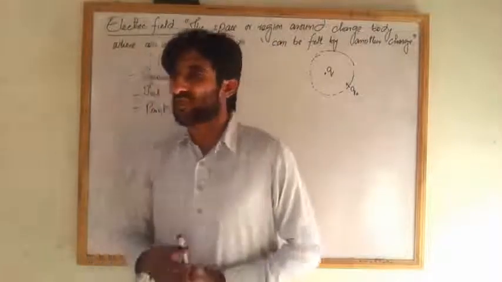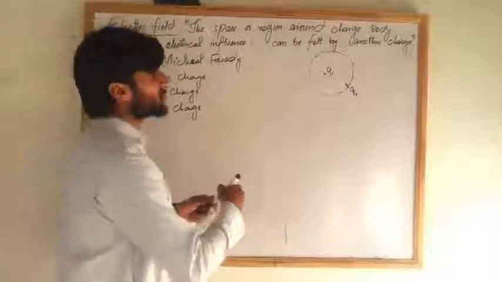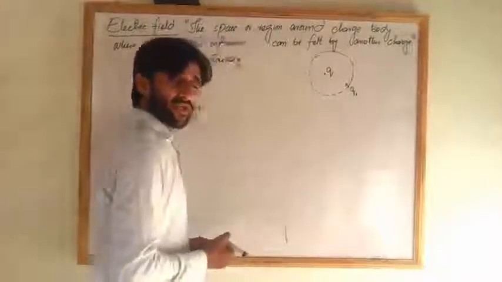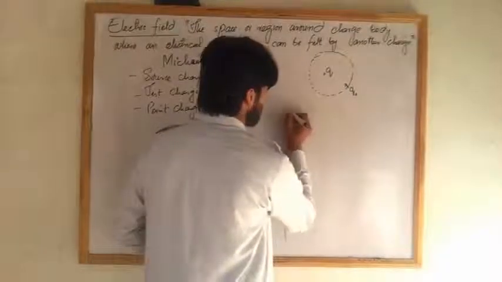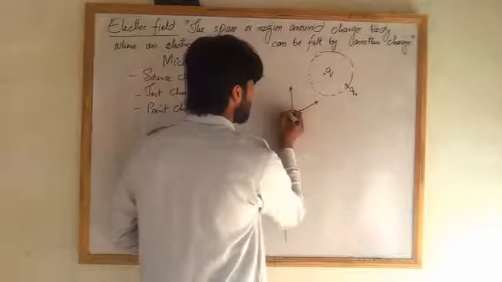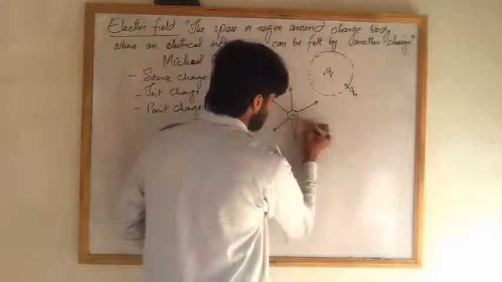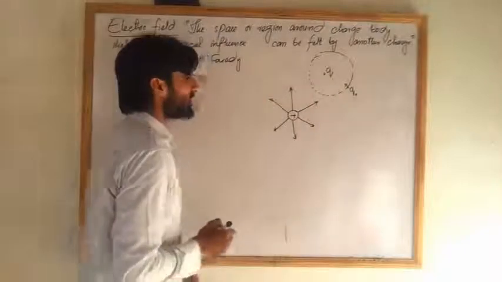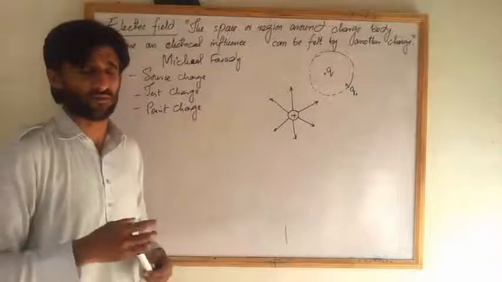Now let's move to another thing: if a charge enters that field, what will happen? Suppose I have a positive charge. We will study electric field lines further: a positive charge has electric field lines going outward from the charge.